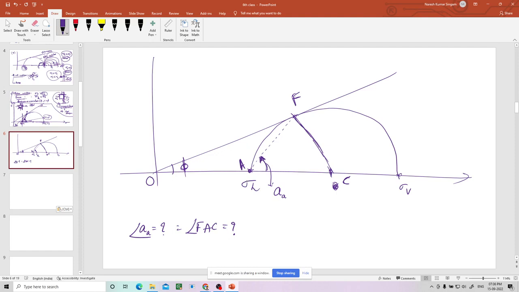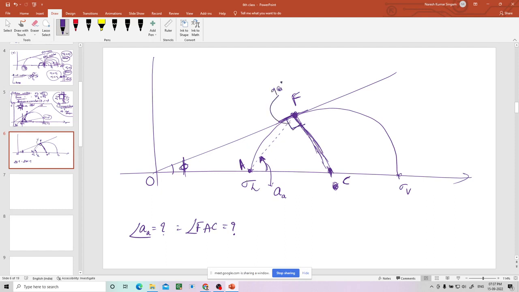Okay, let's solve that. This is the friction angle, and we know this is the tangent and this is the radius, because it is starting from the center. This is the line between the point of intersection of circle and tangent and the center, so it must be 90 degrees.